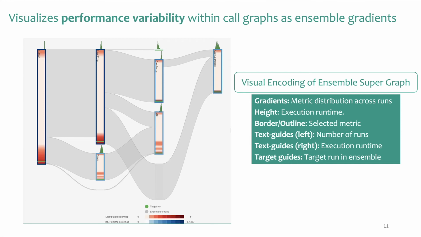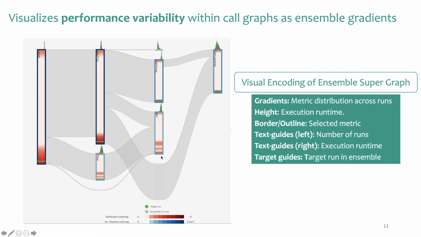Such an encoding preserves the notion of resource flow from one module in the call graph to the other across executions. For example, the distribution of the MPI module is spread across multiple bins. On the other hand, the execution runtimes for the calc-Lagrange module is actually along the extremes, making a clear distinction of performance variability.